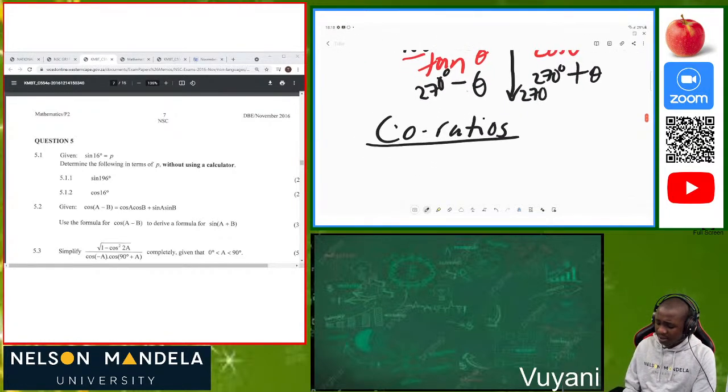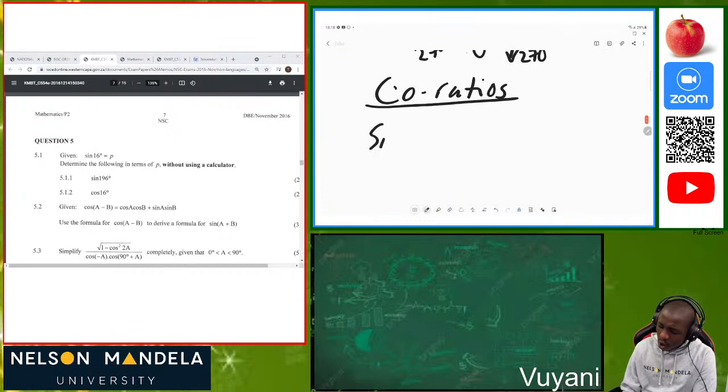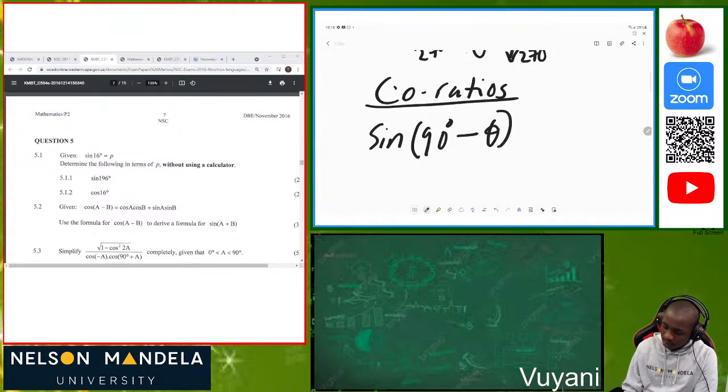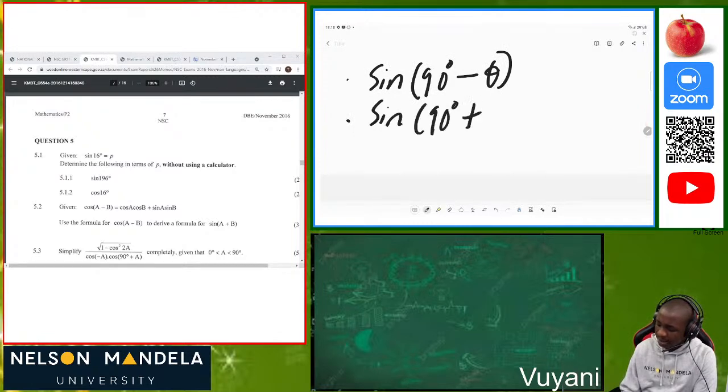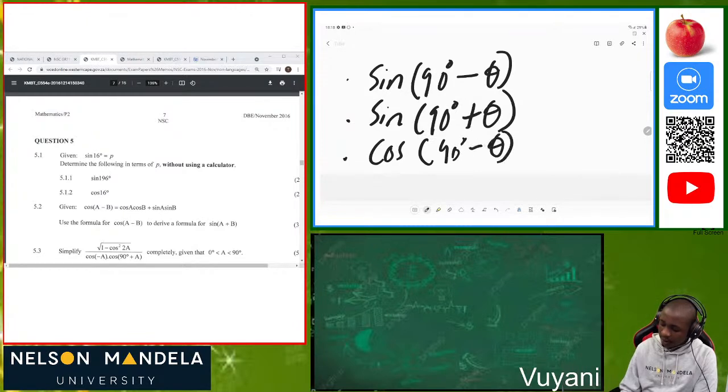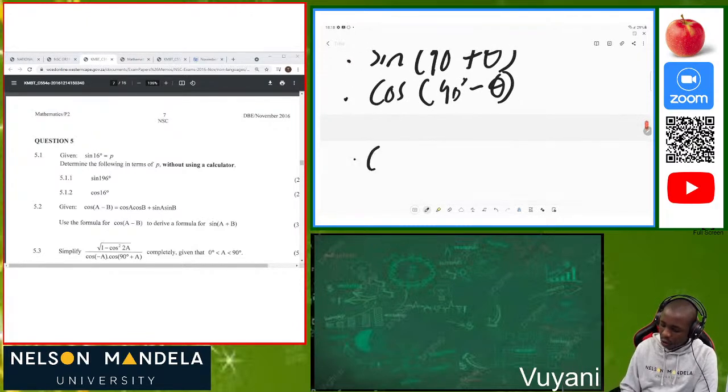Now, this only takes place on sine of 90 degrees minus theta, sine of 90 degrees plus theta, cos of 90 degrees minus theta, and cos of 90 degrees plus theta.